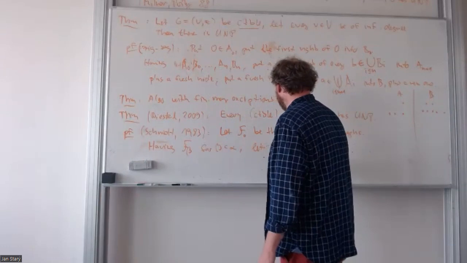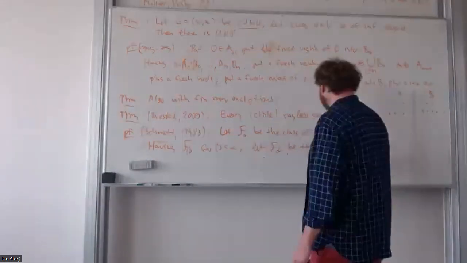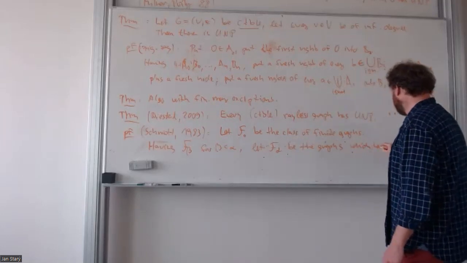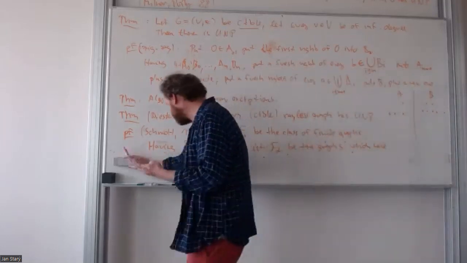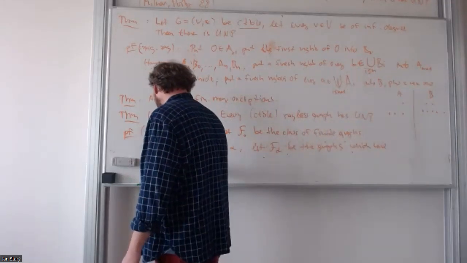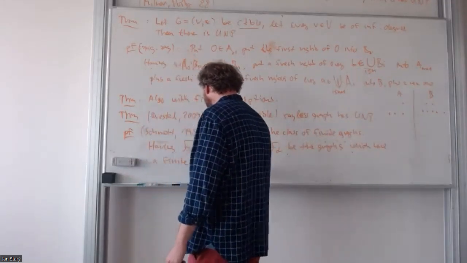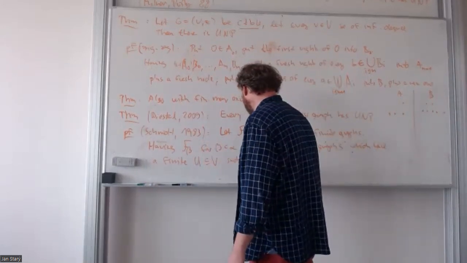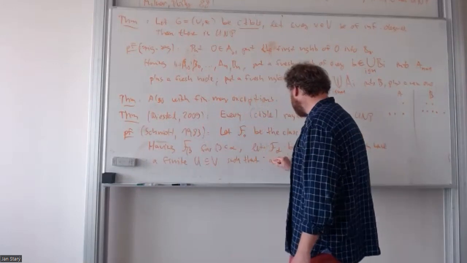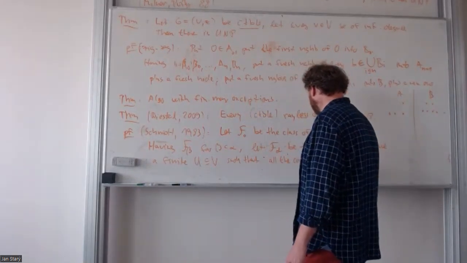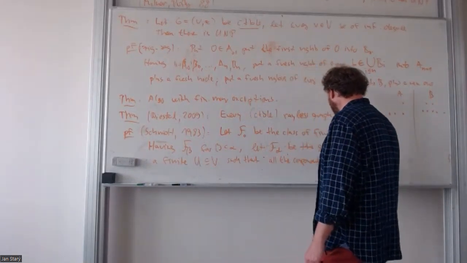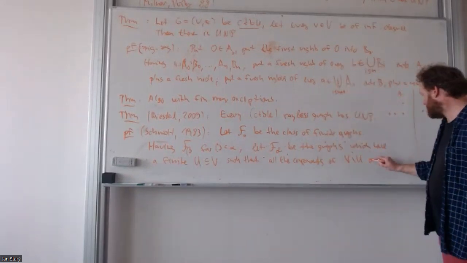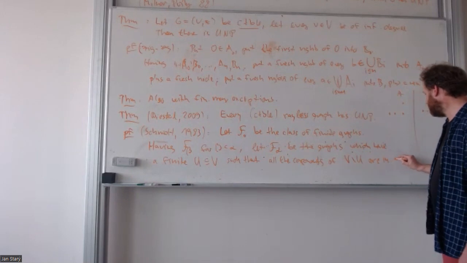So let F alpha be the graphs that look like this, which have a finite witness set, let's say U, a subset of the vertices, such that all the components of the rest are in the previous classes.